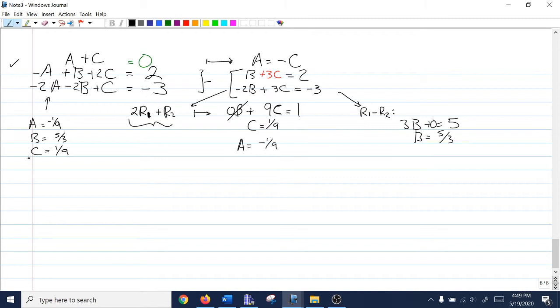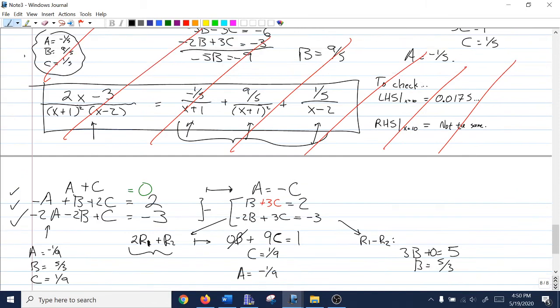A 9th plus the 2/9 will be 3/9, which is a 1/3, plus the 5/3 will be 6/3, which is, yes, 2. Negative 2a, that's 2/9, plus c is 3/9, which is a 1/3, minus 2b, a 1/3 minus 10/3 is negative 9/3, that's negative 3, that's supposed to be negative 3. Cool. Looks like all three of these equations are true about these three values.